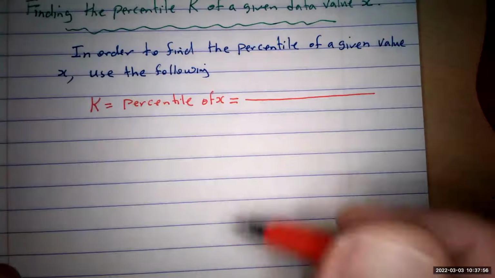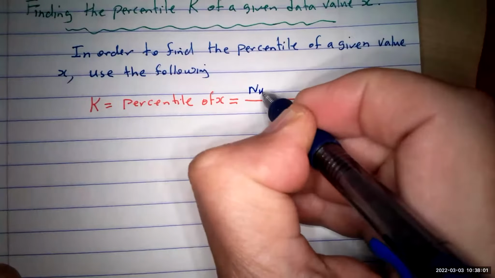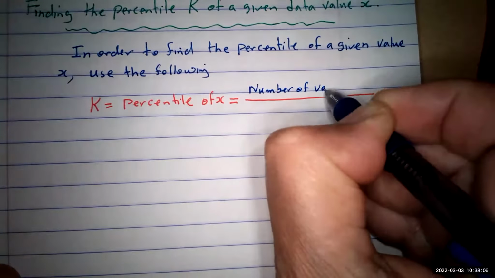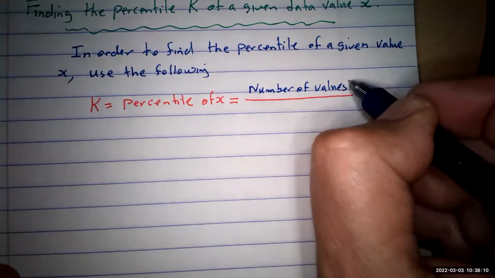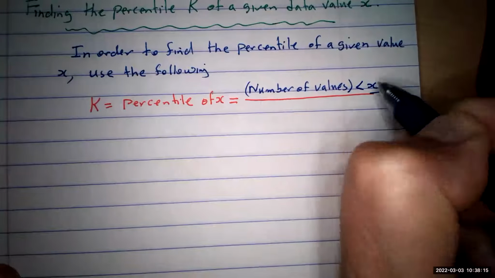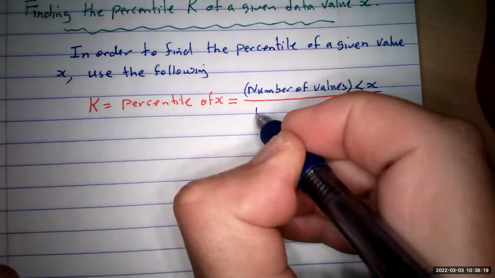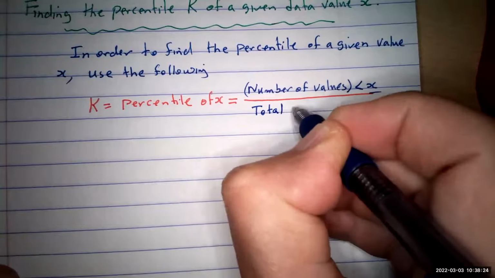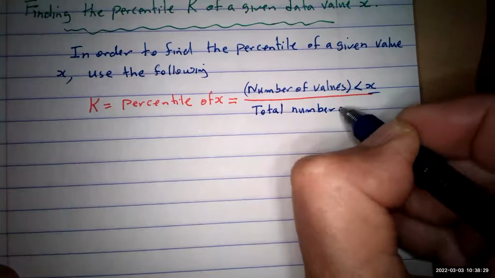So on the top is going to be the number of the values which are going to be less than X, divided by the total number of the observation, the total number of data values.